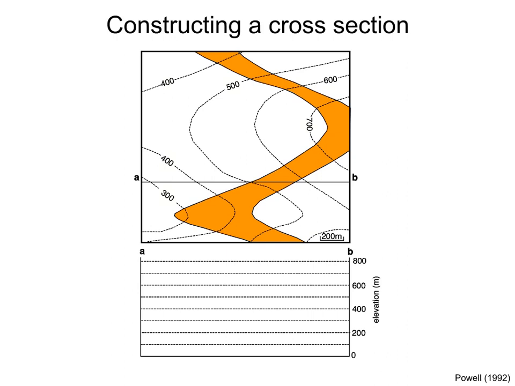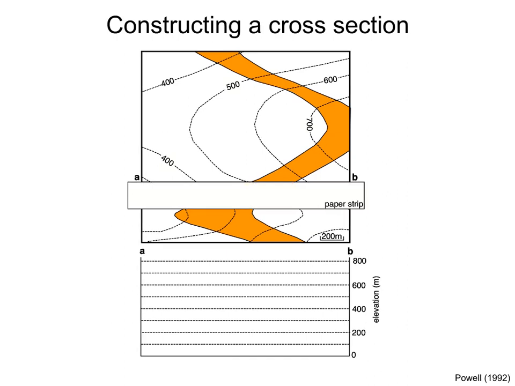The first thing we need to do is to transfer to the section the topographic elevations and the contacts along the line of section. To do this, we can place a paper strip along the line of section as indicated in the figure. We can then mark on the paper strip the topographic contours with elevation values.